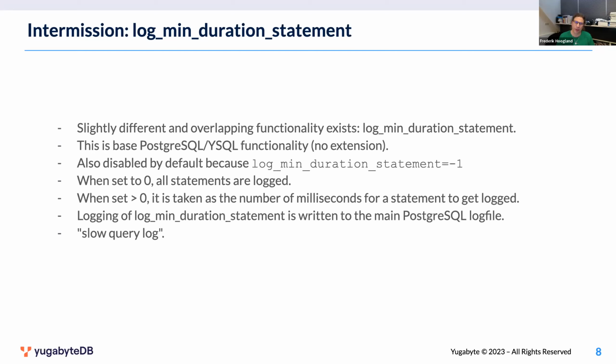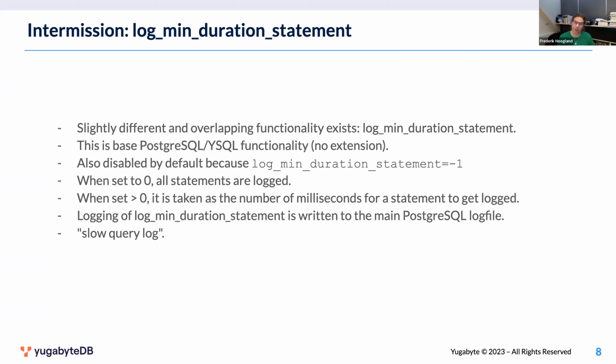There is something which looks eerily equal to auto_explain, which is log_min_duration_statement. The overall functionality is not an extension, it is just built into Postgres itself, so it's always there.